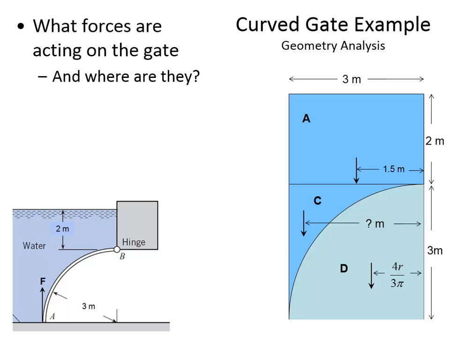And now we just use the magnitude of the force and the distance from the hinge at B for all the rest of these. We had 235,440 newtons, and that was at a distance of 1.5 meters, plus 75,788 newtons at a distance of 2.33 meters.